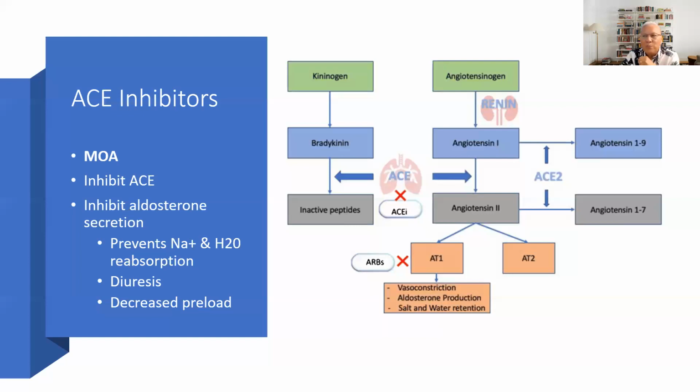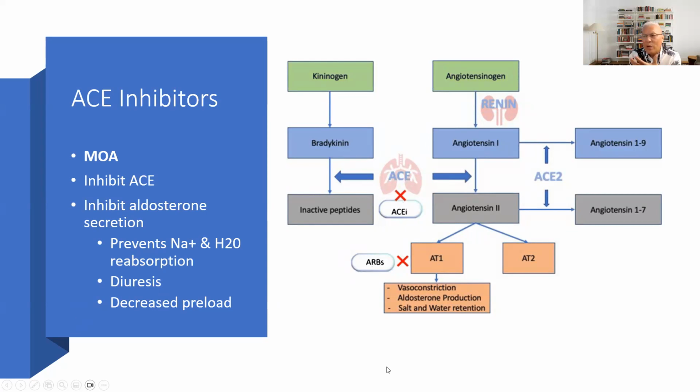Okay, so let's take a look at the mode of action or the mechanism of action of ACE inhibitors. If you remember, the ACE inhibitors are going to stop the conversion of angiotensin 1 to angiotensin 2. And interestingly enough, ACE works in the lungs.